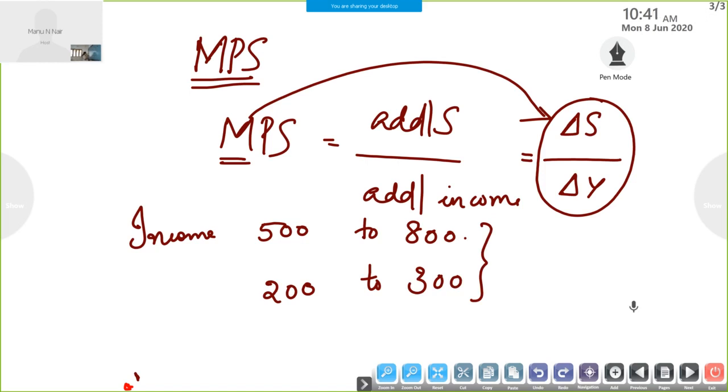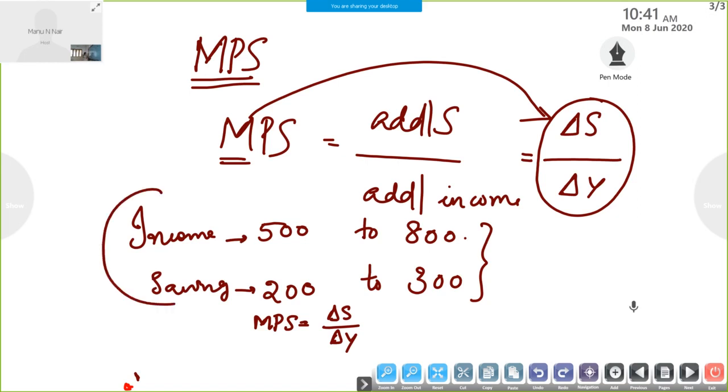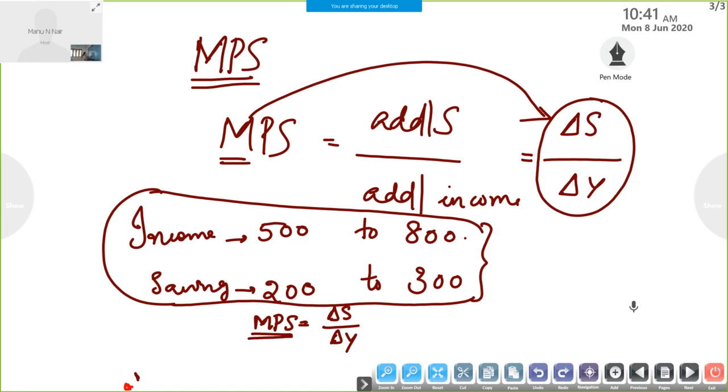MPS is equal to delta S by delta Y. Suppose this is our question. We have to find out MPS. Try to find out what is delta S.